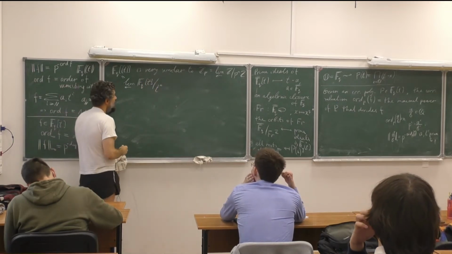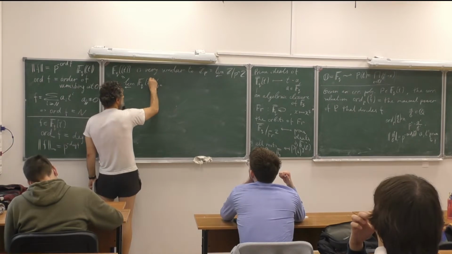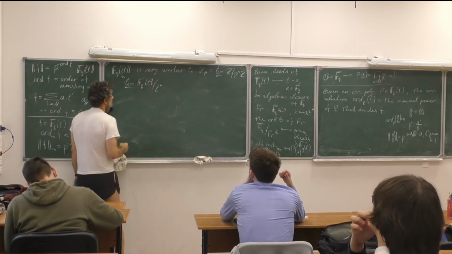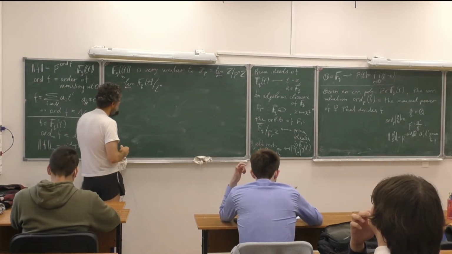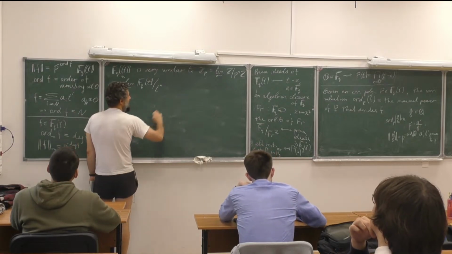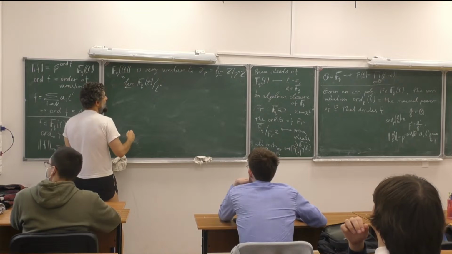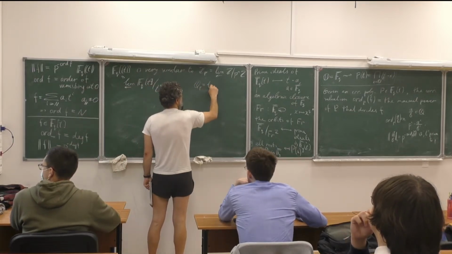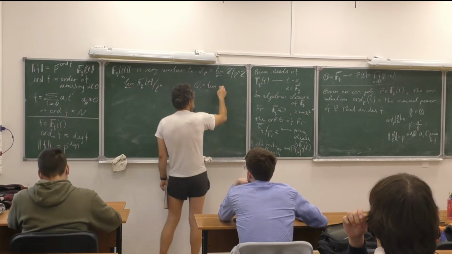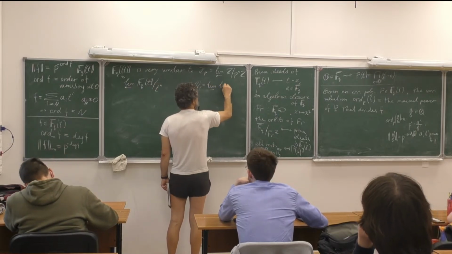Okay, so they are very similar. Also, if you remember, Q_p was the colimit of such limits.